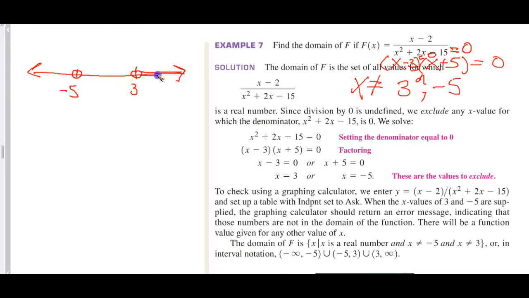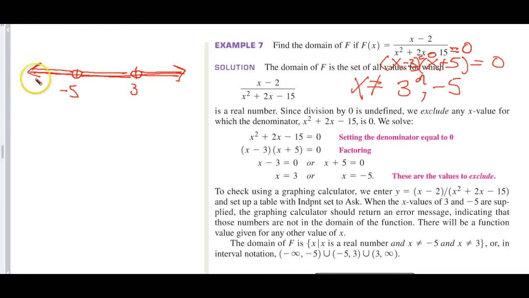So all of this would be darkened, this would be darkened, and this would be darkened. So x is all these numbers, but x cannot be a negative 5 or a 3.